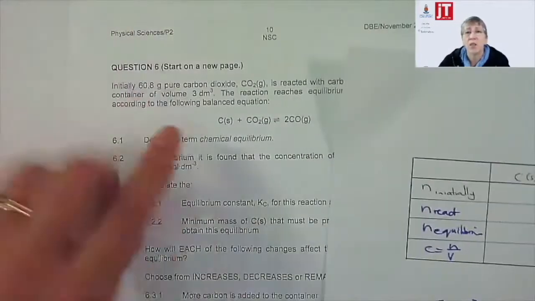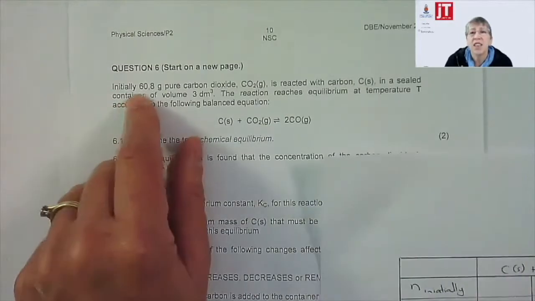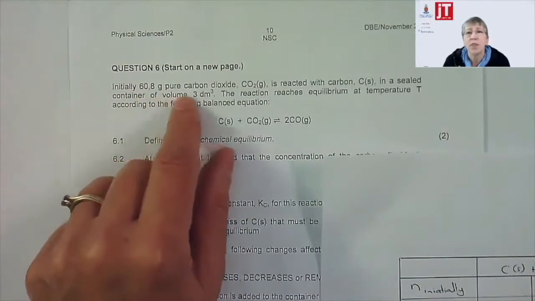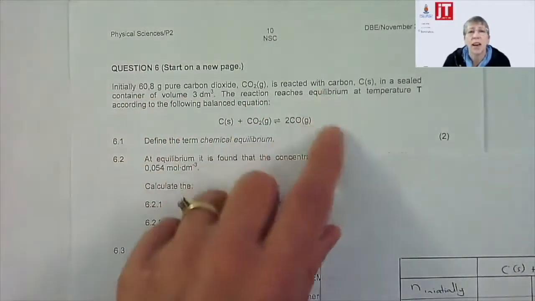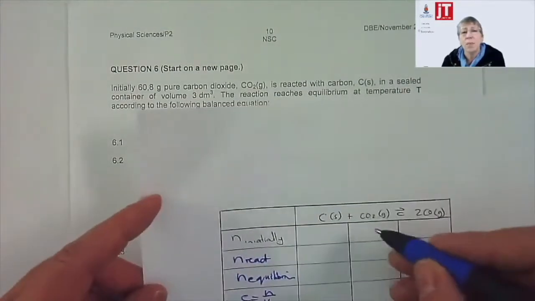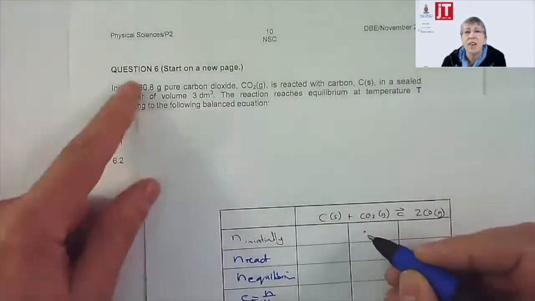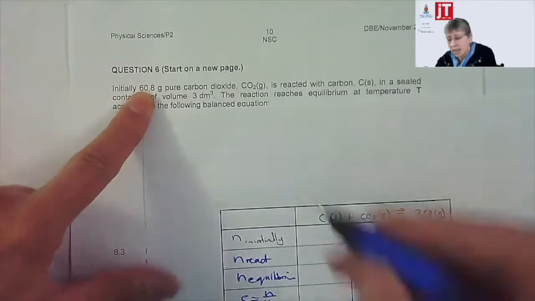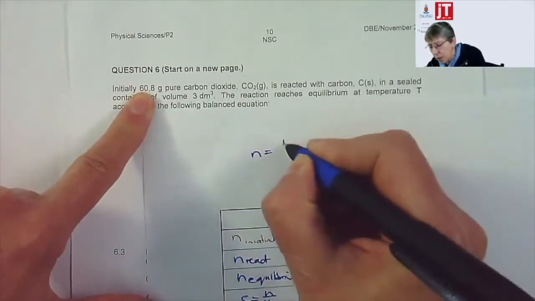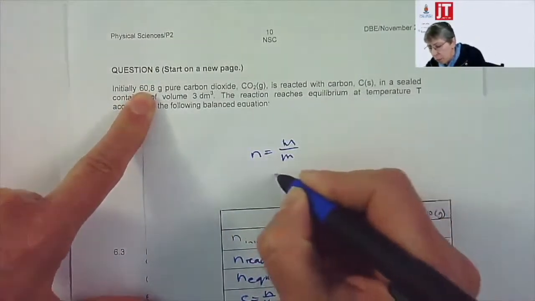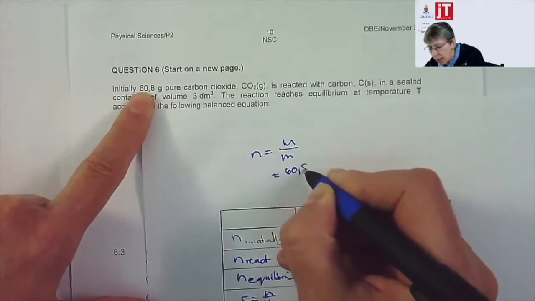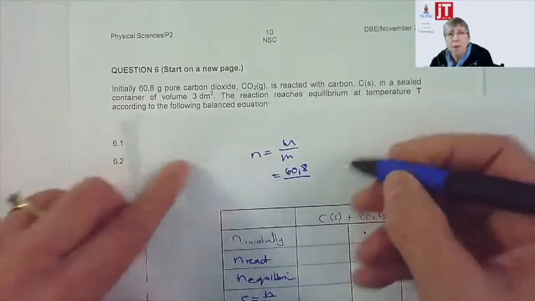Right, now let's start off. They tell us that initially 60.8 grams of pure carbon dioxide react. So they don't give us moles initially, they give us mass. But this is easy. Converting mass to moles, I'm working with 60.8 grams divided by big M, the molar mass.